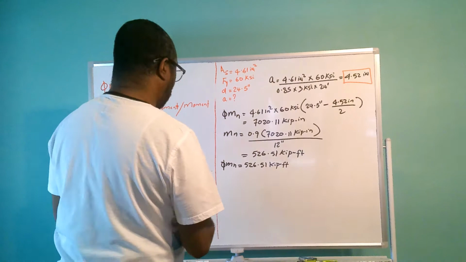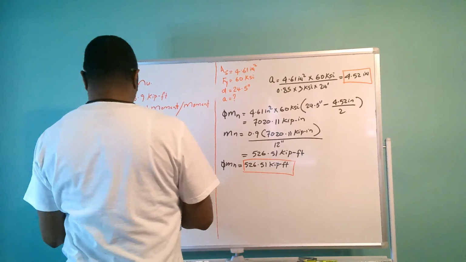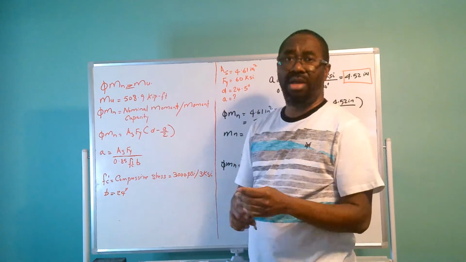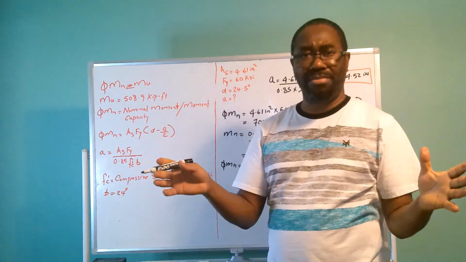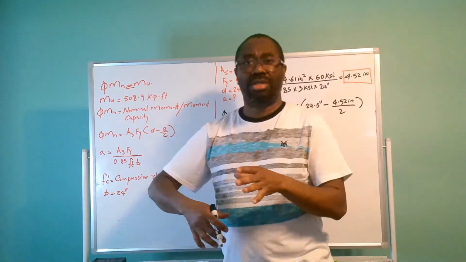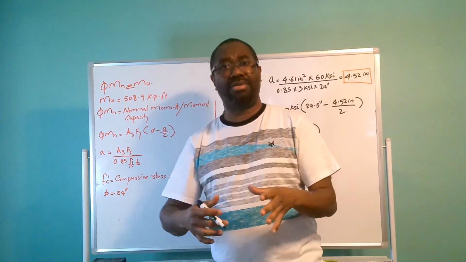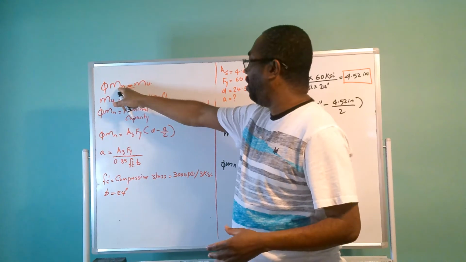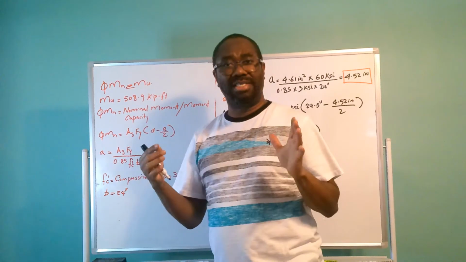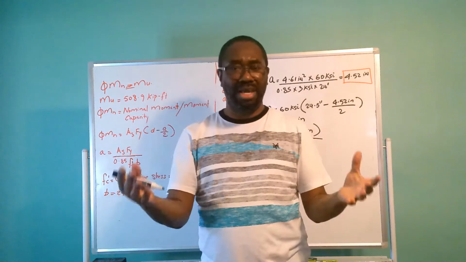So we're going to match this up now with our ultimate moment of 508.9. In order for our beam to be safe in carrying the load, and to know that the reinforcement is good enough to withstand the bending effect due to those loads, our phi Mn must be greater than or equal to Mu. If that is not okay, then you have to go back and adjust your beam size.